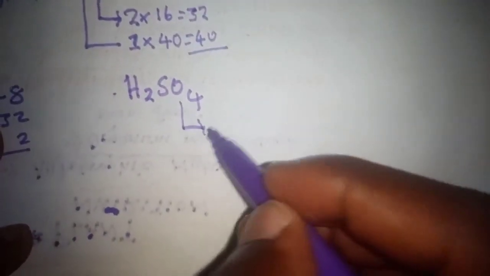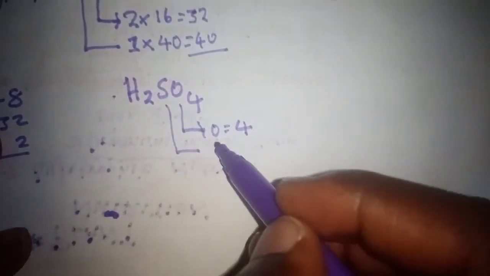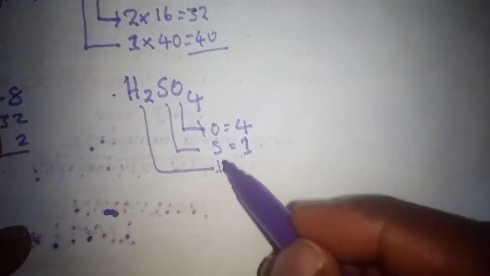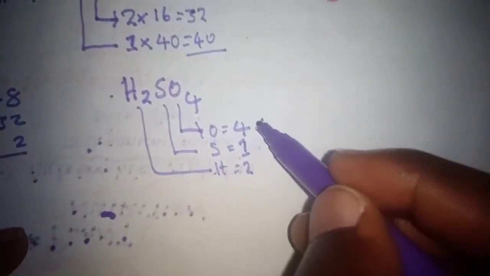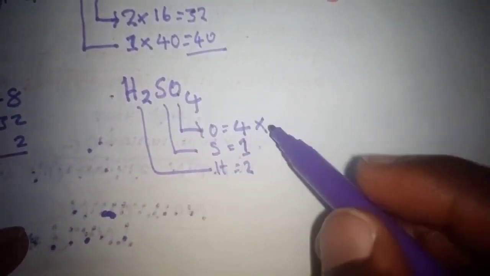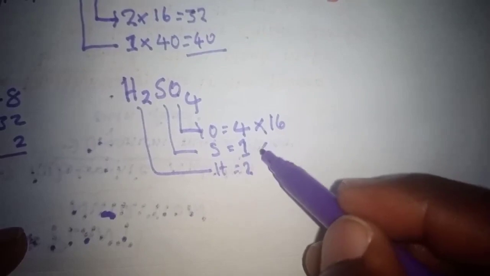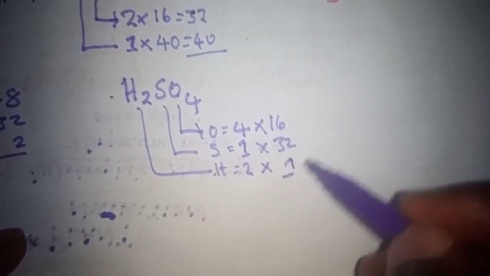So you have 4 atoms of oxygen. Sulfur, you have 1 atom of sulfur. Hydrogen, you've got 2 atoms. So times the mass number for oxygen is 16. The mass number for sulfur is 32. The mass number for hydrogen is 1.